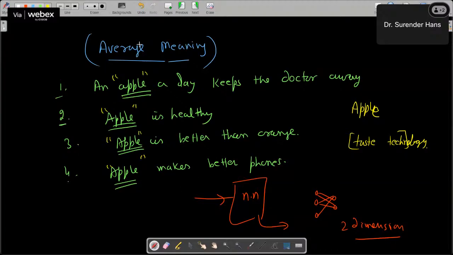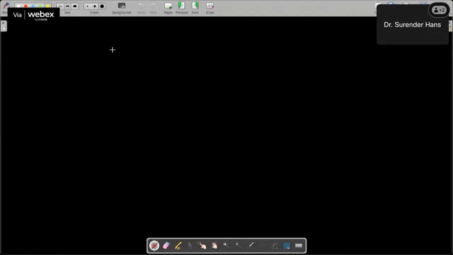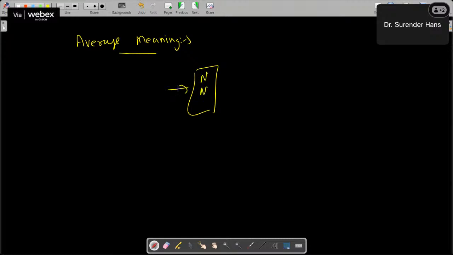Now, what is the meaning of this average? Average meaning. When the first sentence is fed into this neural network, what does the neural network understand?